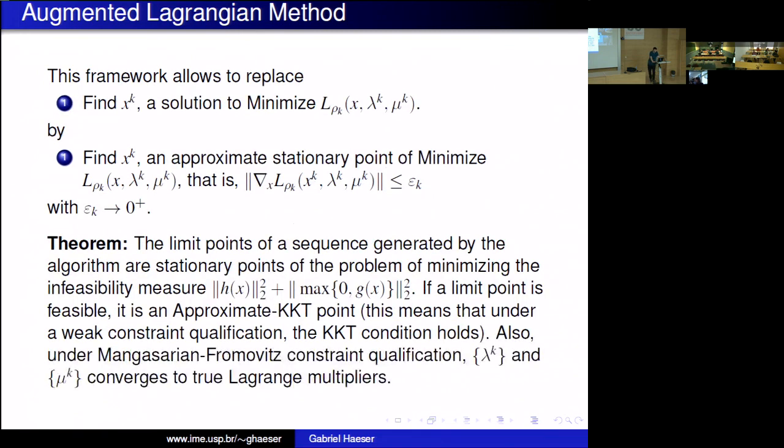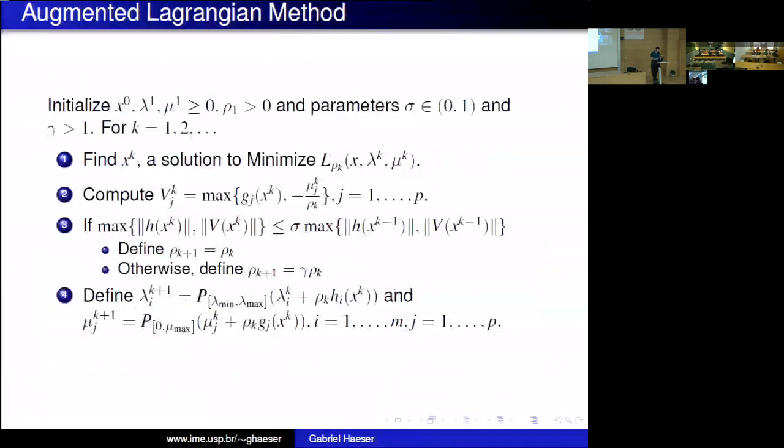And another important thing, this is in fact what is implemented in the Algencan software, or maybe some small variation of this, with this additional trick here so we can avoid the penalty parameter getting too large. But here I assume that xk was a true solution for this problem.